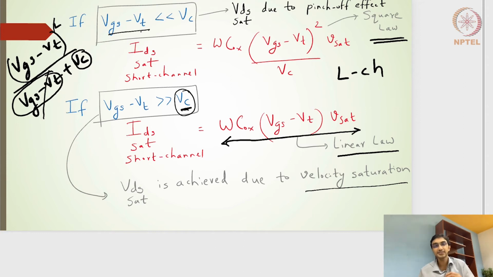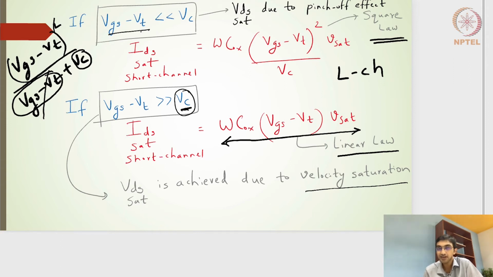What it really implies is, if VGS minus VT is reached earlier than VC, then we will anyway reach the pinch-off region, right? If you recollect the pinch-off region, what it really means is the gate to drain doesn't have enough voltage, so the VGD value is less than 0.3 volts.